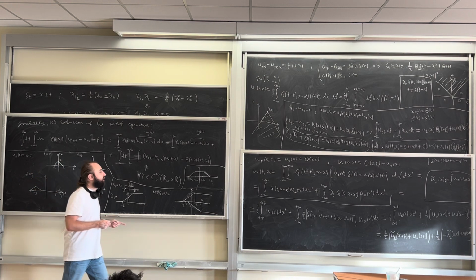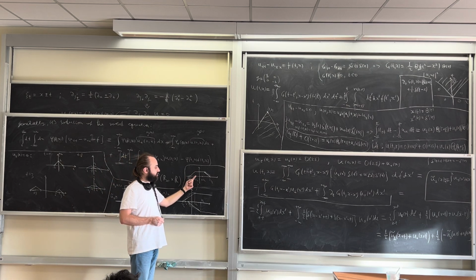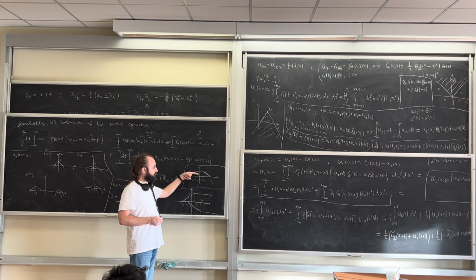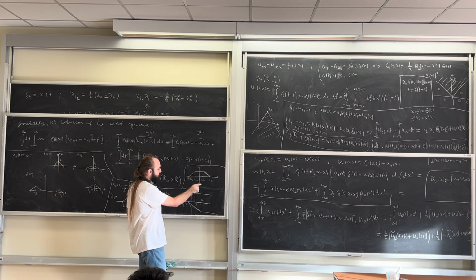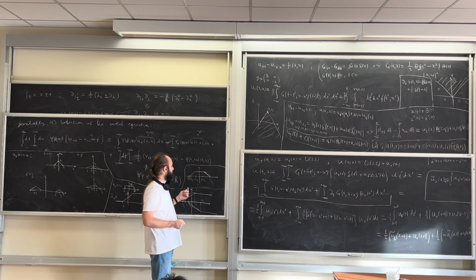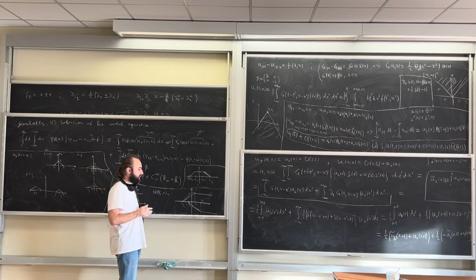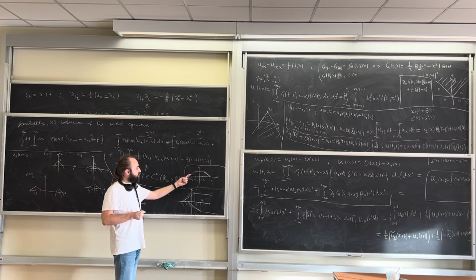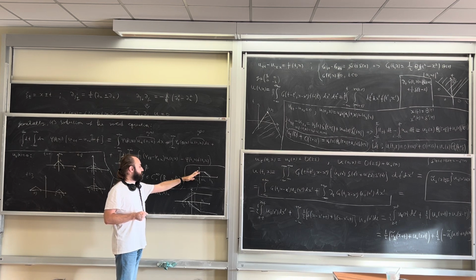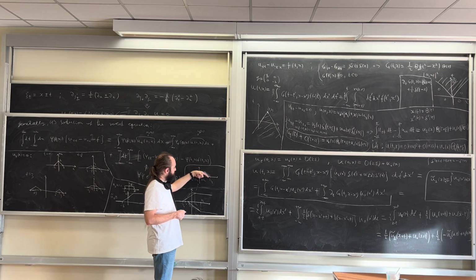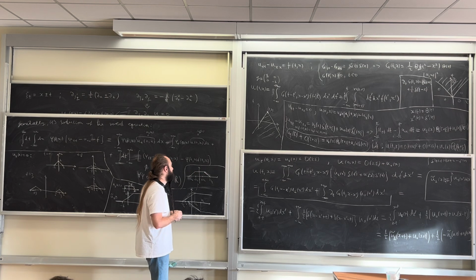But here we give the string some initial momentum, and it should somehow be realized. So it comes from the motion of this right front and the left front. So ut is positive here and here.